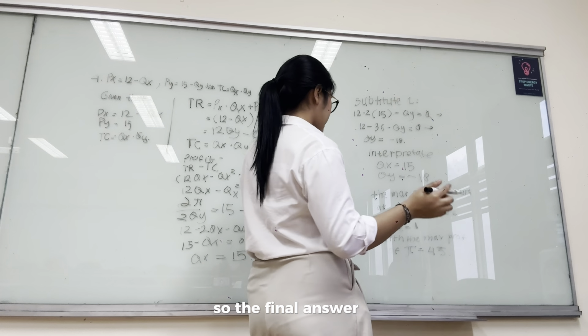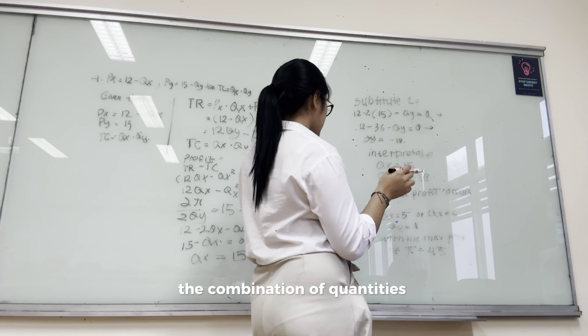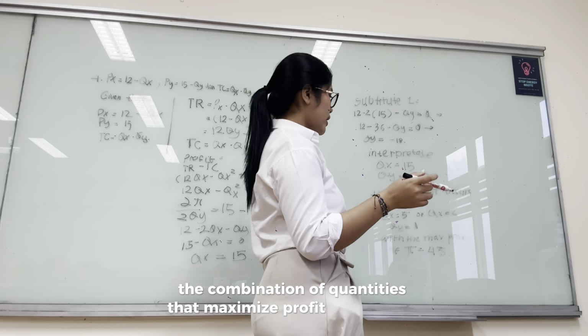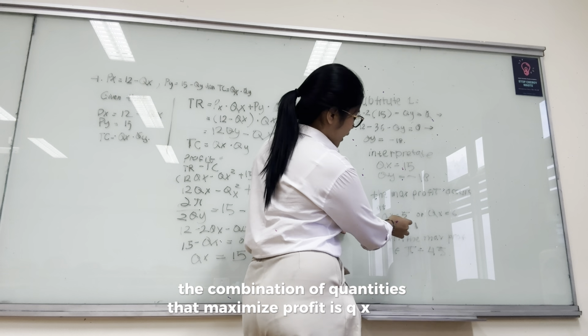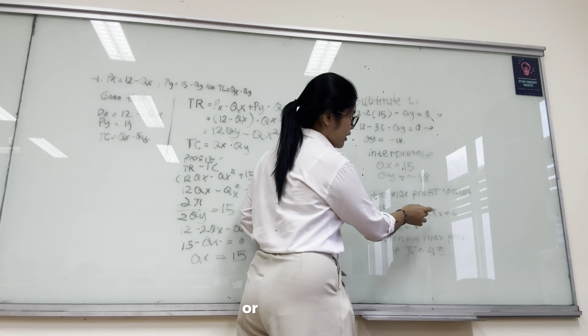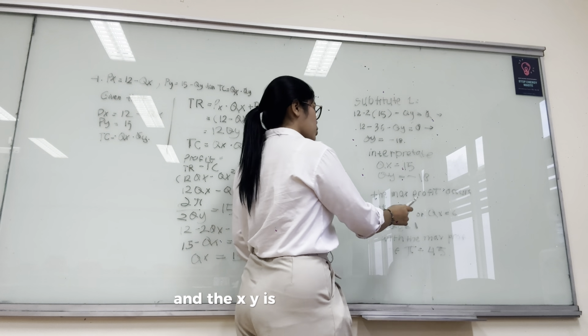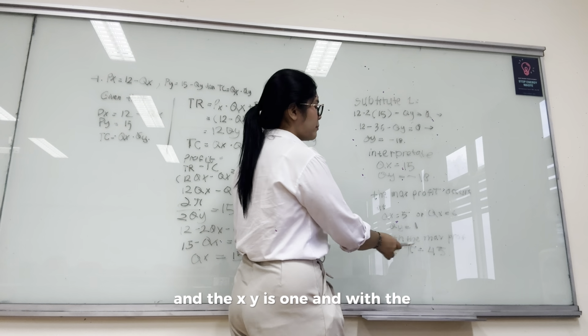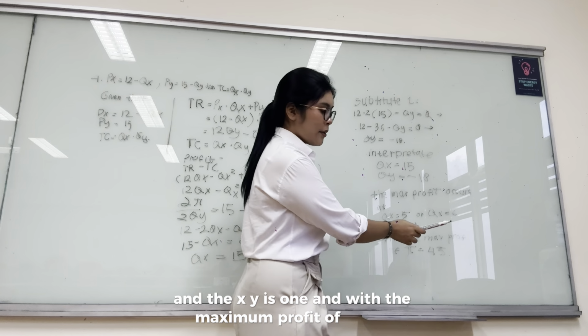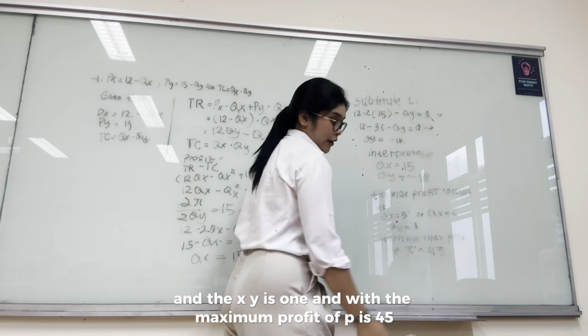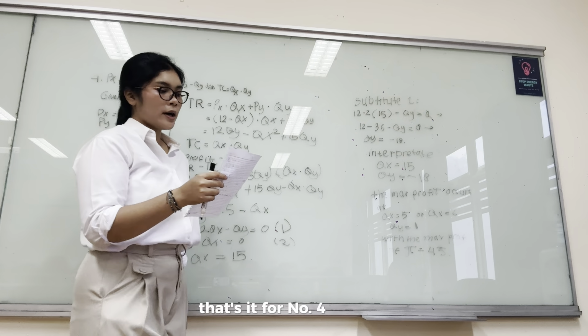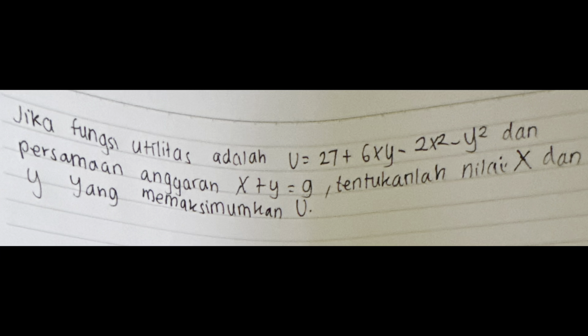So the final answer is the combination of quantities that maximize profit is Qx equal 15 or Qx equal 6, and the Qy is 1, and with the maximum profit of pi is 45. That's it for number 4, page 93.